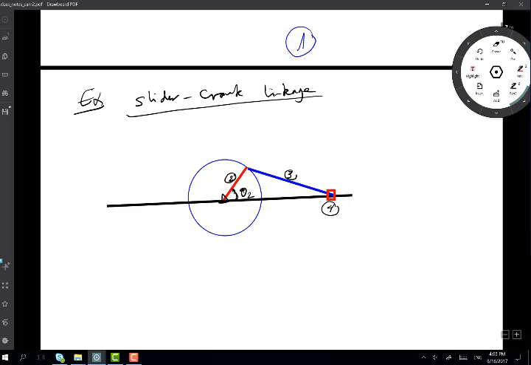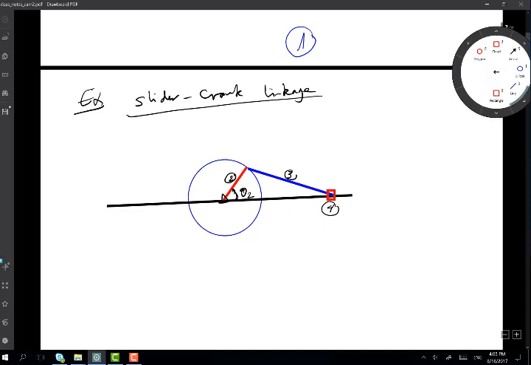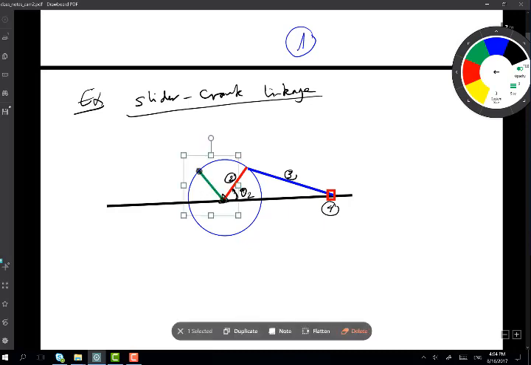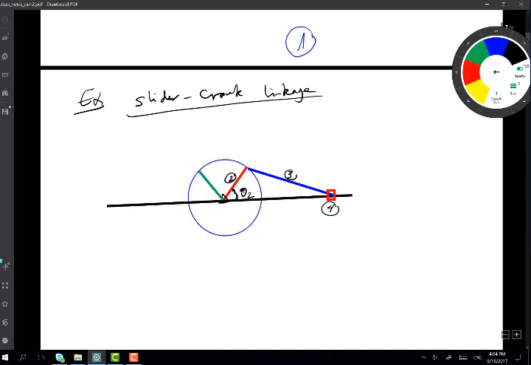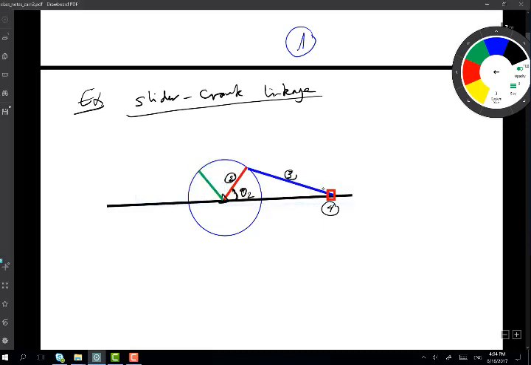So the crank changes its position to another location. Instead of here, now it is here. This is the new position of the crank. Now I want to find the new position of the slider, and possibly even the con rod.